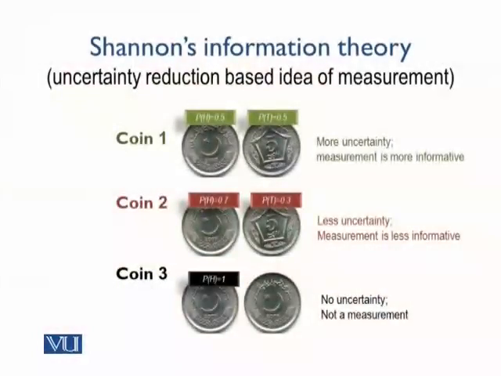So Shannon's theory actually captures the idea that we want: measurement is not complete elimination of uncertainty, it is simply reduction in uncertainty. For something to be classified and called a measurement, it has to remove some uncertainty. If it does not do that, we would not call this a measurement.